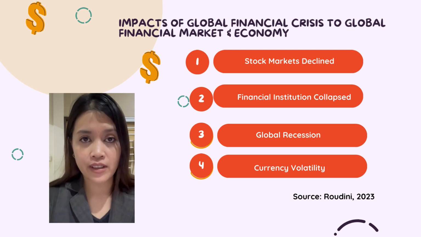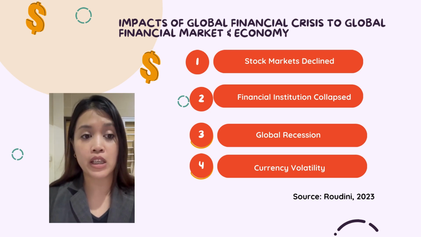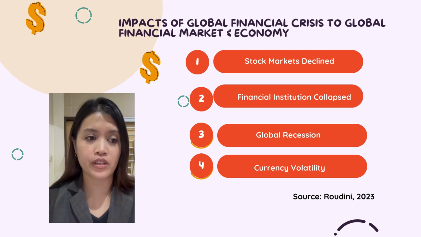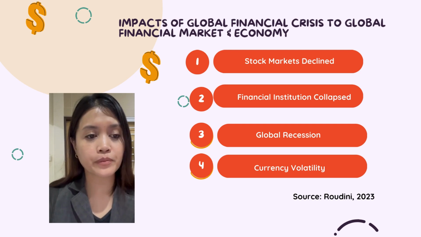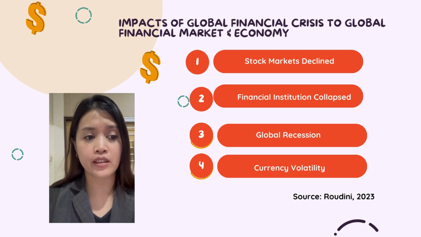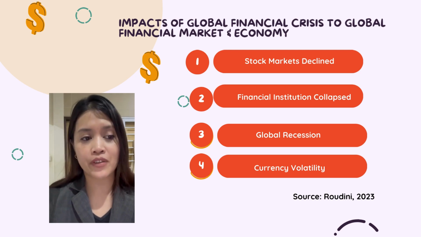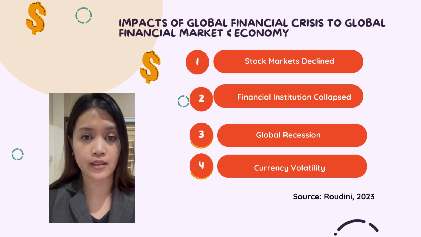Third, global recession. The economic downturn in the US rapidly spread to economies globally, which led to the global recession. Other crises like the sovereign debt crisis, especially in the Euro countries, whereby they struggled to finance their deficits due to the economic contraction.